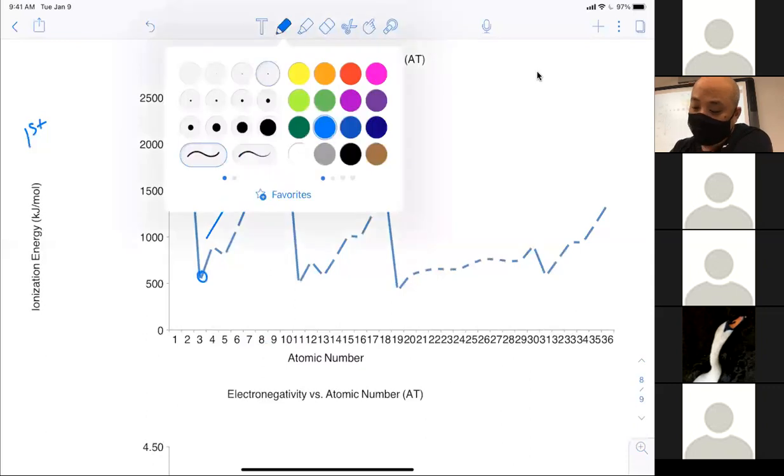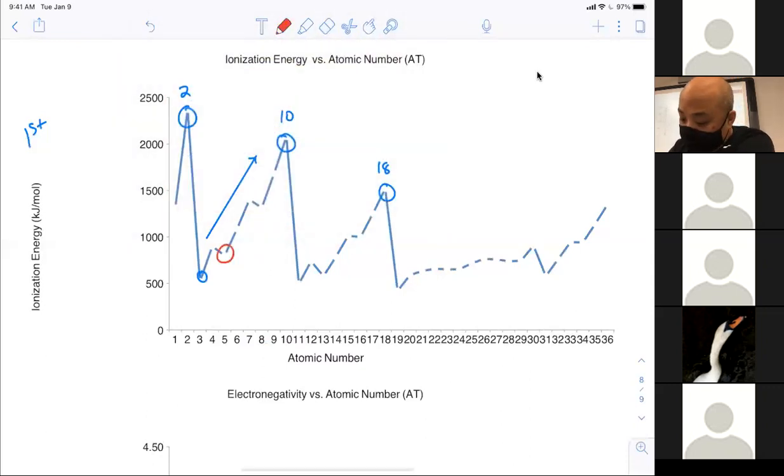Now, having said that, there are a couple of exceptions here and here, which are beryllium and oxygen. Those are the ones with the thing that we talked about earlier. Well, yeah, it has to do with orbitals, right? Because if you look at boron, it's 1s2, 2s2, 2p1.